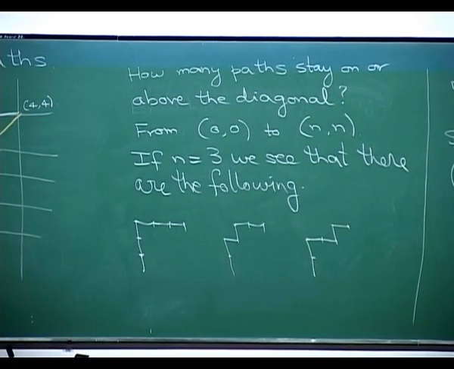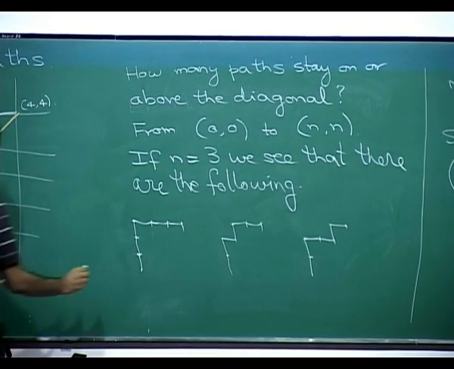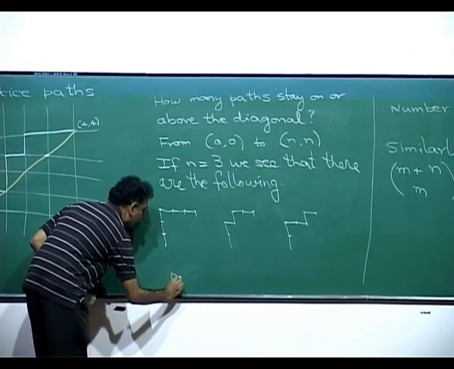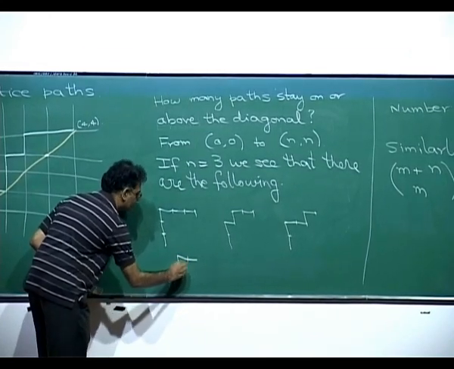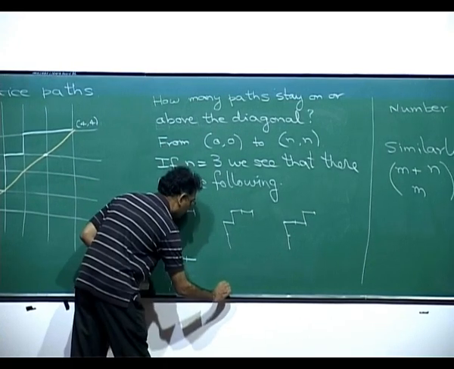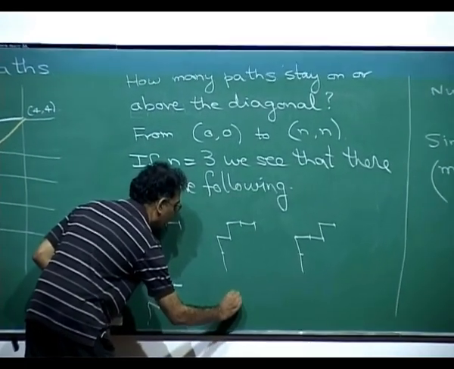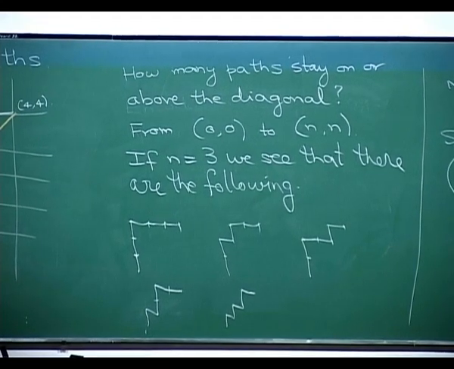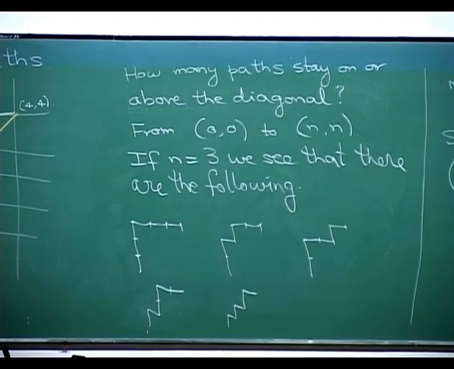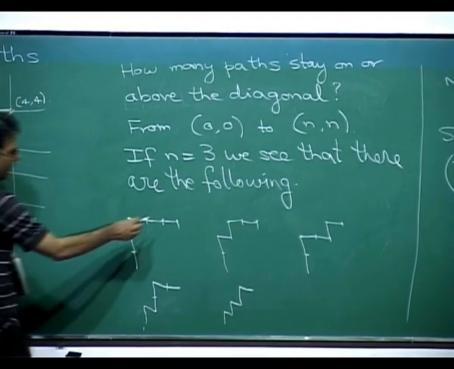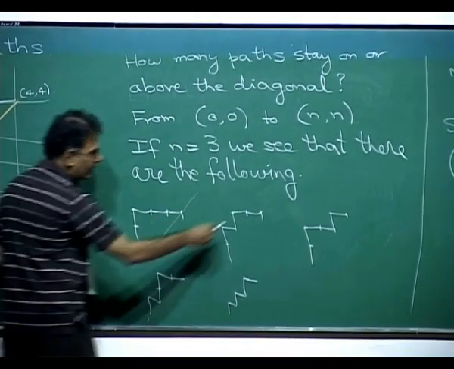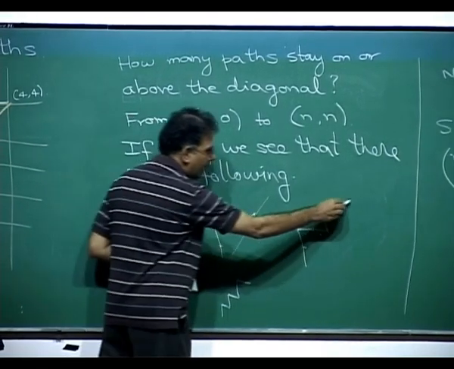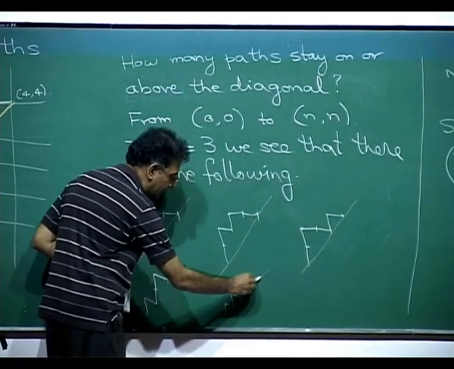So we want to reach this point, so you could go 1, 1, 2, 2, or 1, 1, 1, 1, 1, 1, and that's all. You can try. You will see these are the only 5 ways of going from 0, 0 to 3, 3 along a path which lies completely above the diagonal.